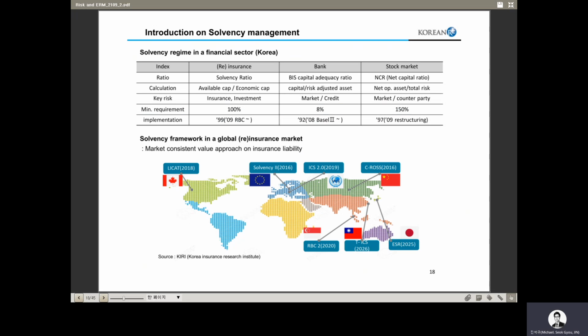As for Korea, we used RBC, which is derived from US regulations. We used RBC over the last 10 years, but the Korean regime is shifting right now to KICS, which is very, very similar to European solvency. KICS will be implemented targeting 2023.